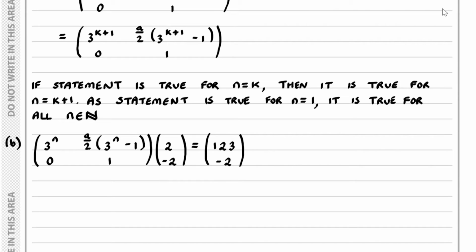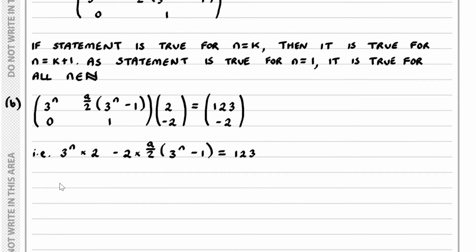So, we have 3 to the n multiplied by 2 plus, well, here we'd have negative 2 multiplied by a over 2 times 3 to the n minus 1, and that's equal to 123.